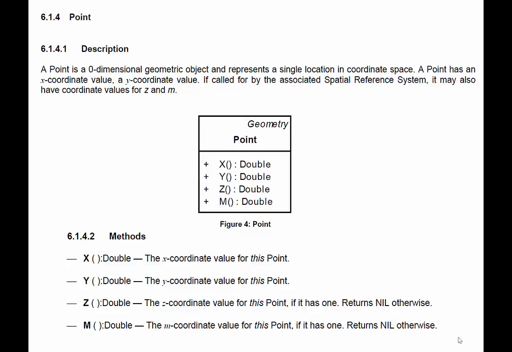If we're following encapsulation, we don't need to know what those properties actually are. All we need to know is the ways that we can interact, the methods we can use to interact with those properties. So in this case, they've defined methods x, y, z, and m.